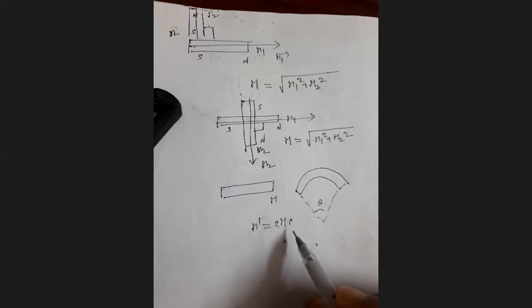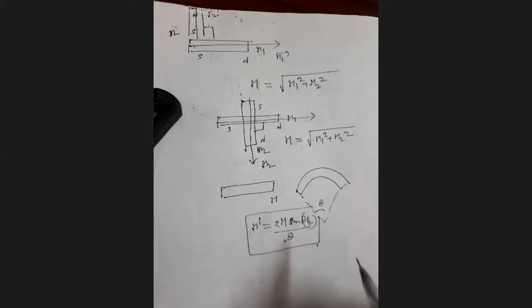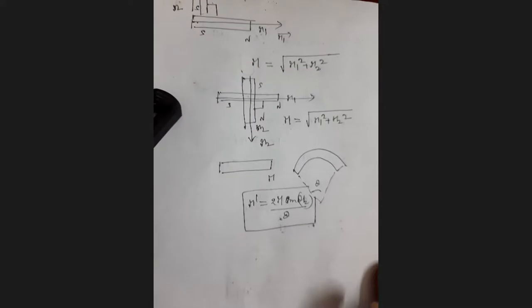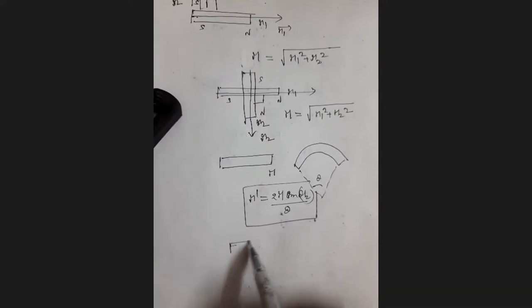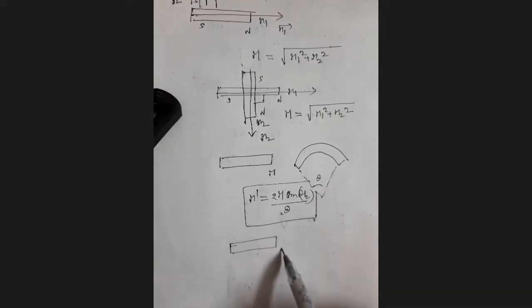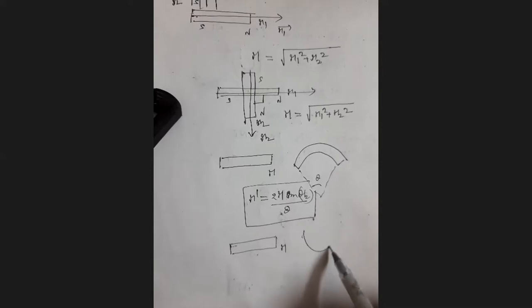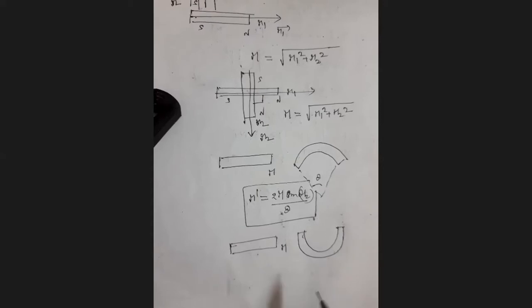Then its new magnetic moment will be M dash equals 2M sine of theta by 2, divided by theta, right? So using this, suppose a bar magnet has the magnetic moment M. It is bent into a semicircular shape like this. What is the new magnetic moment?